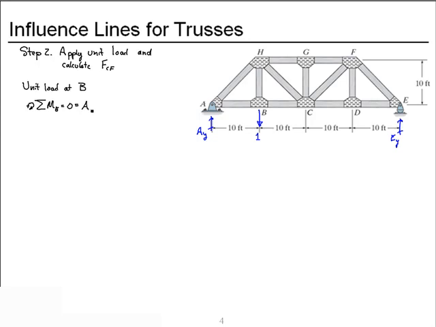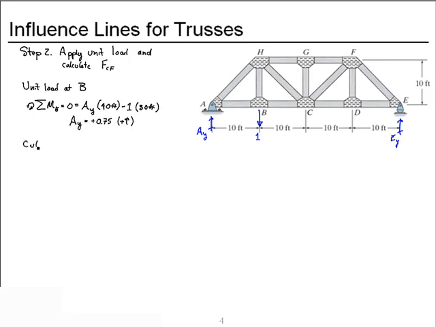It's our choice which direction we choose as positive, but that makes my unknown AY in a positive rotation at 40 feet, the unit load in a negative rotation through 30 feet. Solve that for AY and we get a positive 0.75 in the direction we drew it.